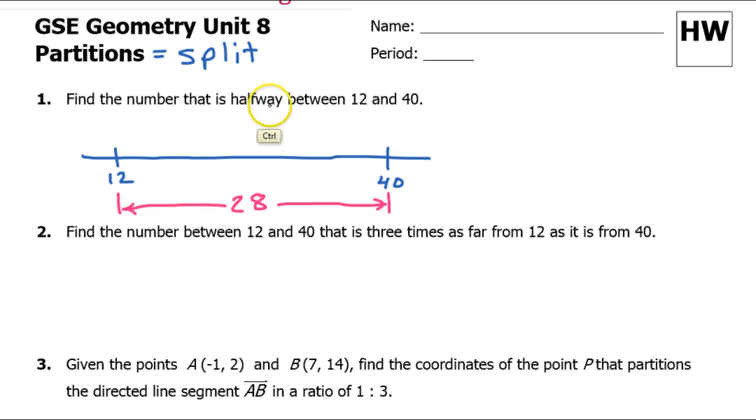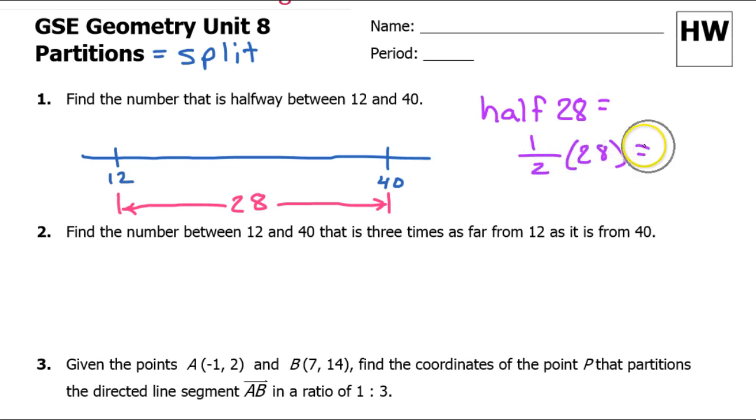If I want to go halfway, I'm going to go half of 28. Sometimes we would write it this way, half of 28 is 14. So that means we want to go 14 from either endpoint.